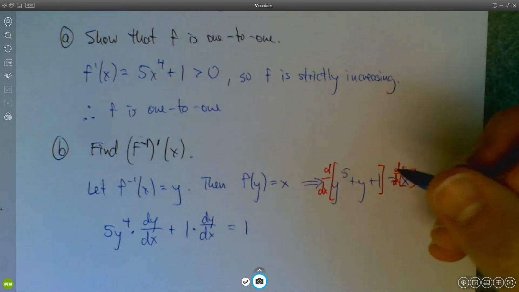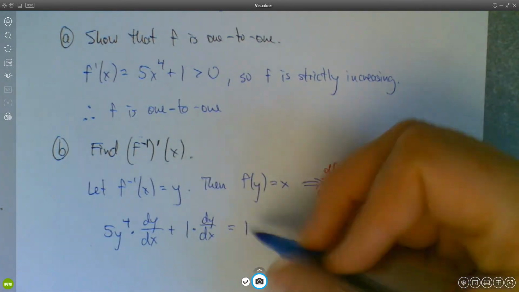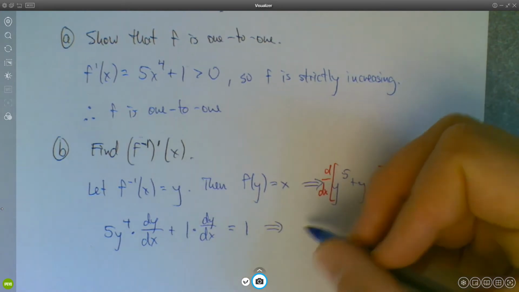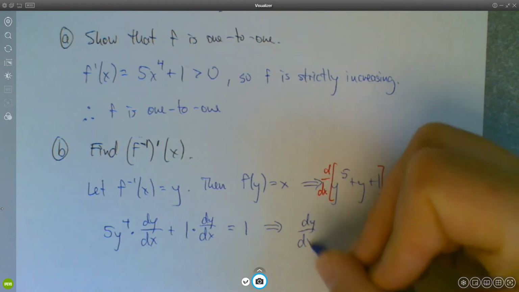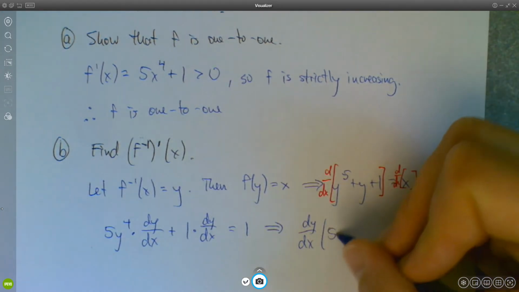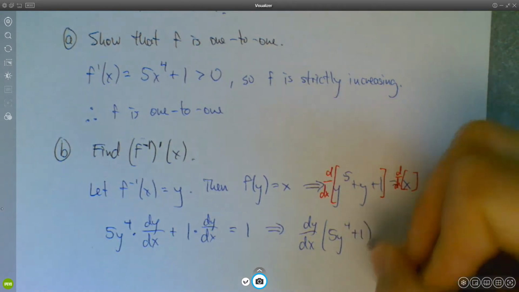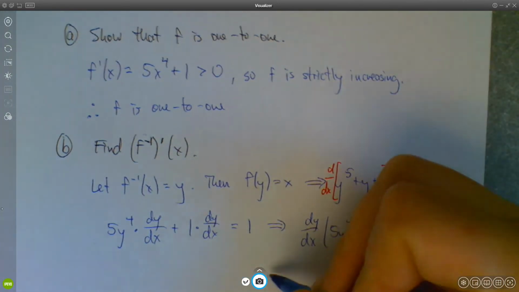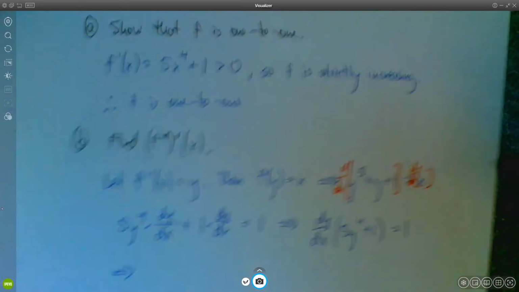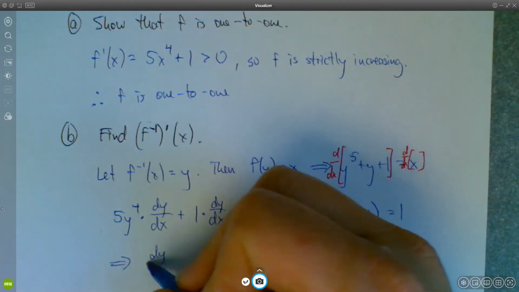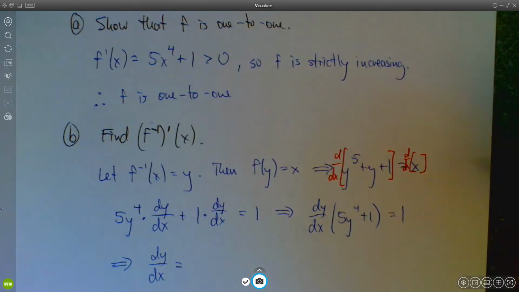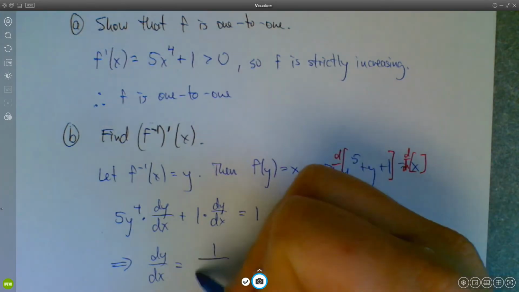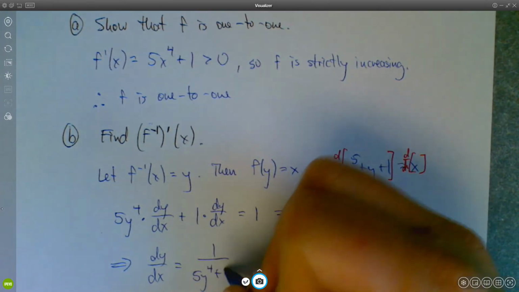Okay, so I'm going to factor out the dy/dx now, right? We get dy/dx times (5y to the fourth plus 1) equals 1. And therefore, dy/dx equals 1 over (5y to the fourth plus 1).